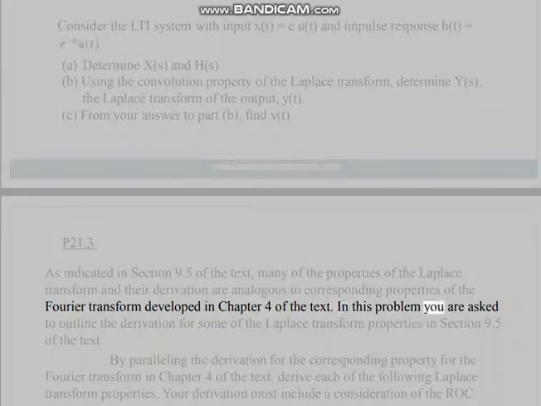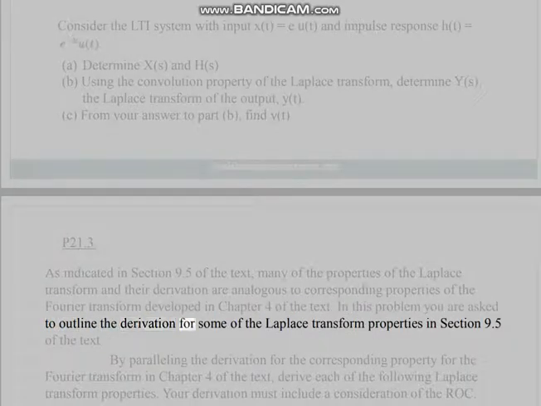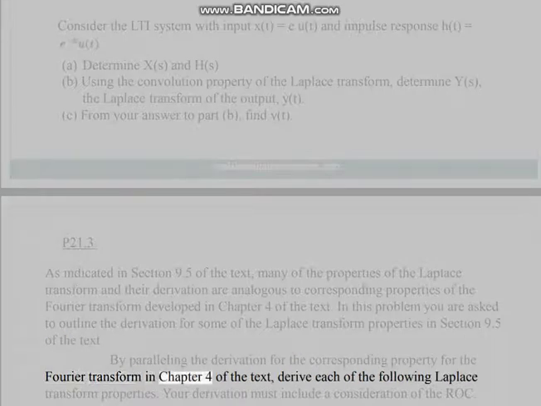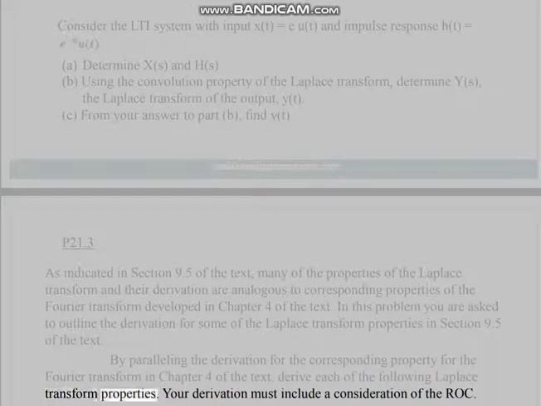In this problem, you are asked to outline the derivation for some of the Laplace transform properties in section 9.5 of the text. By paralleling the derivation for the corresponding property for the Fourier transform in chapter 4 of the text, derive each of the following Laplace transform properties. Your derivation must include a consideration of the ROC.